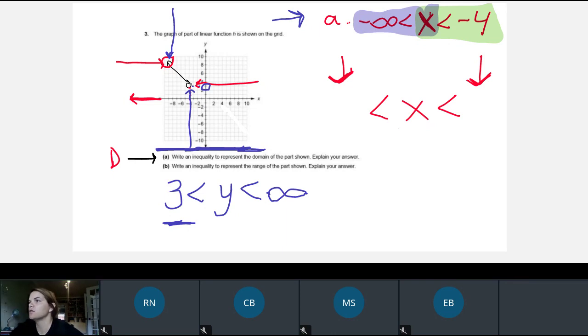And then for your Y values, you're going to start at the bottom. So you get to this arrow, which means it's going to continue going down. So going down on the Y values, that's your lowest value. Okay. Your highest value is at this Y value. Okay, so check that again.